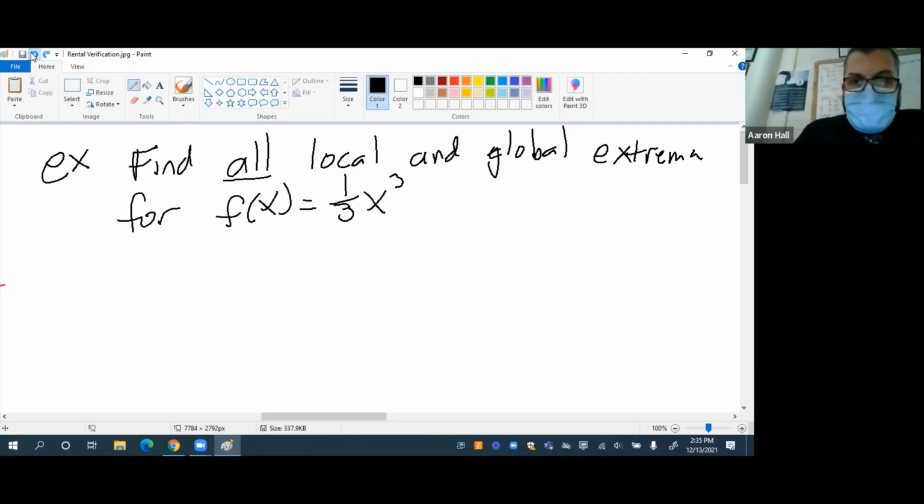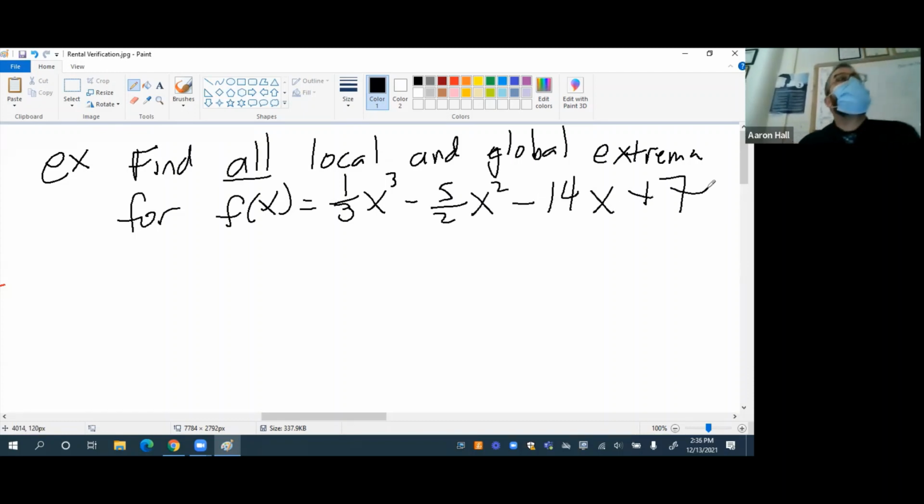That's ugly. Minus 5/2 x squared minus 14x plus 7. I want to find the extrema without a calculator.